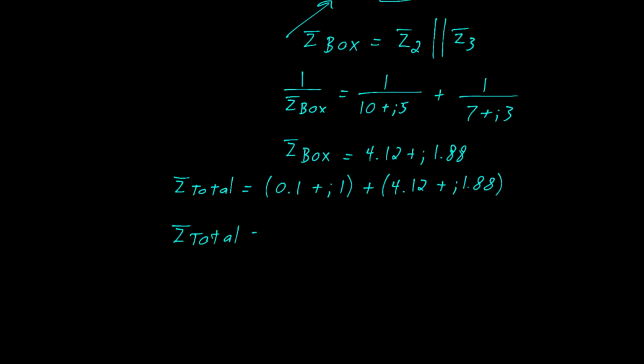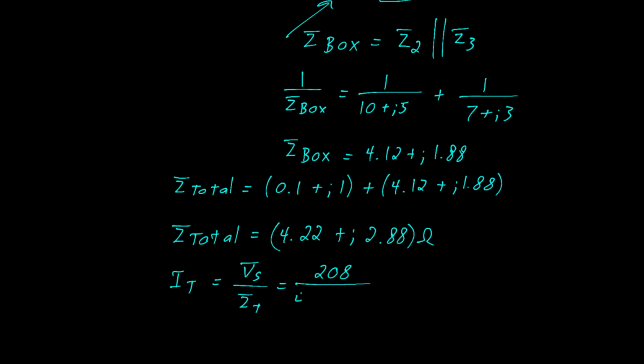So that gives us 4.2 plus J 2.9. While we're here, let's go ahead and calculate the total current, which is the source voltage divided by the total impedance, which gives us about 41 amps at an angle of negative 34.